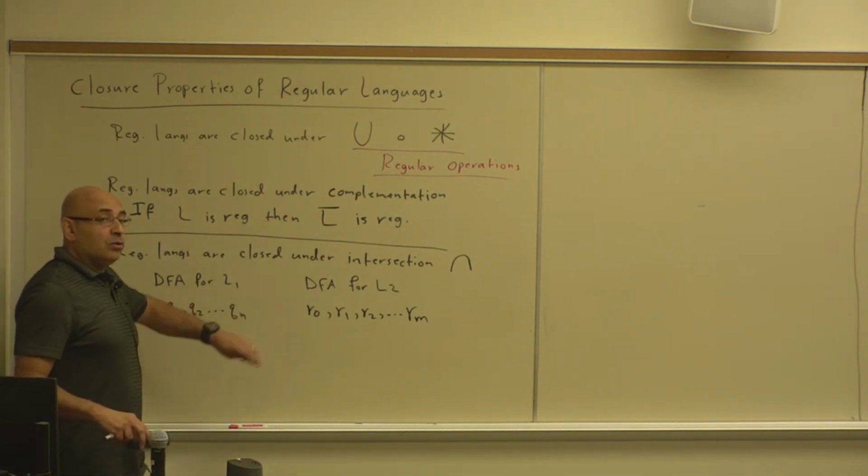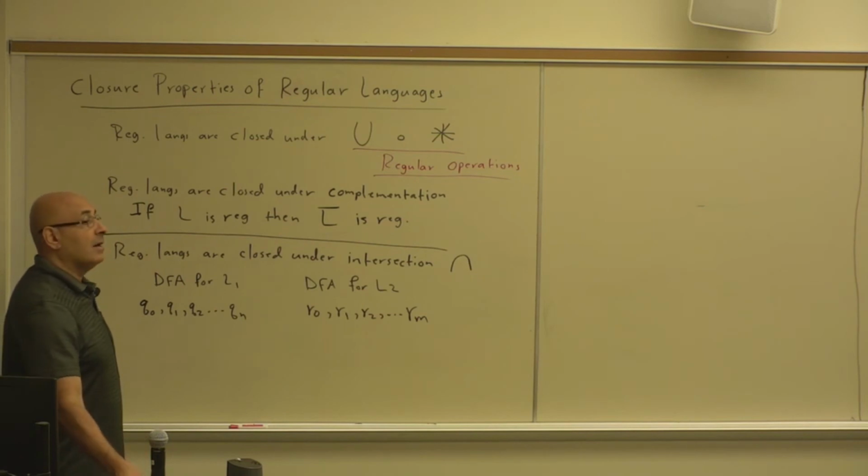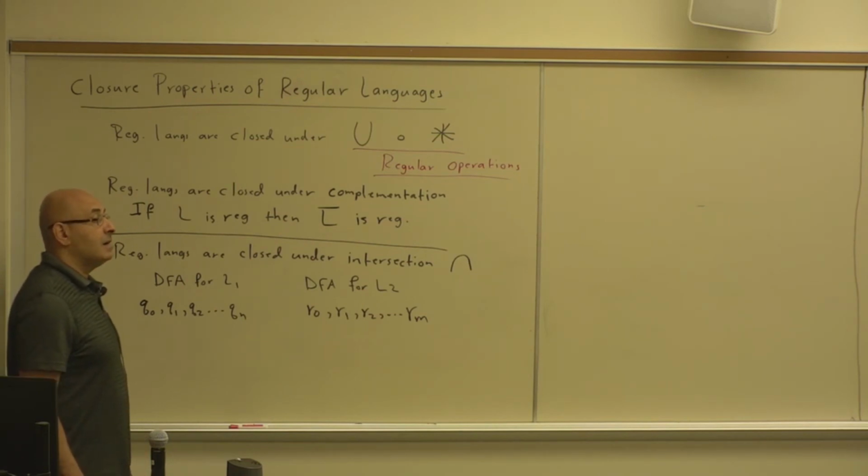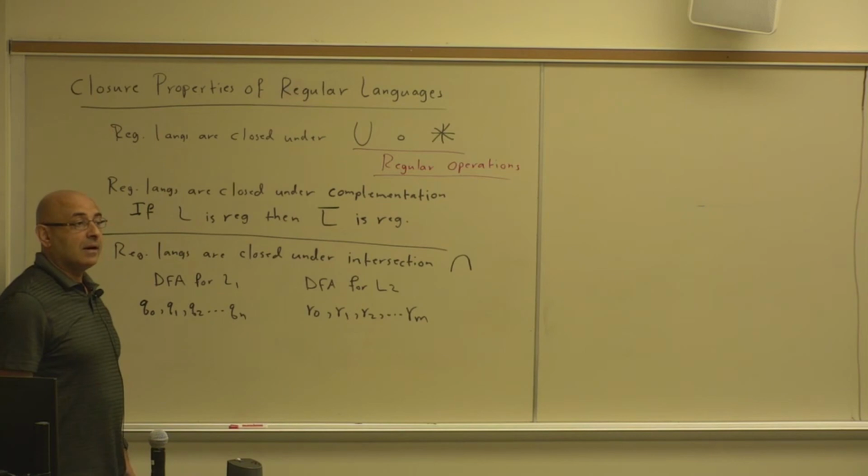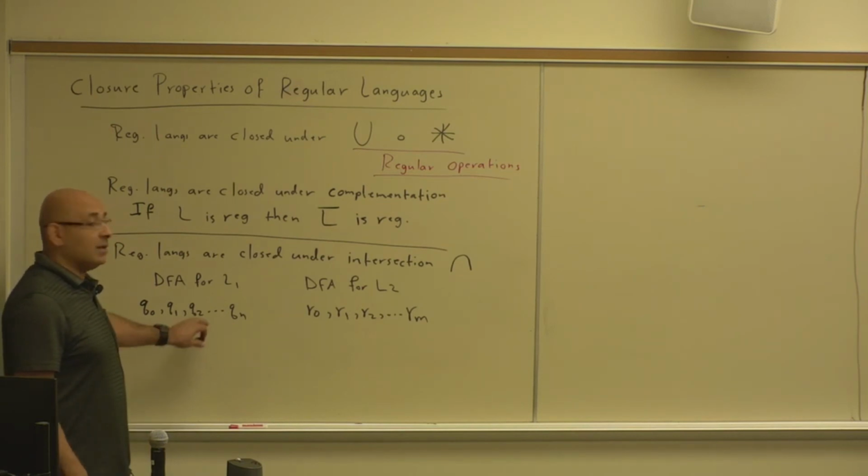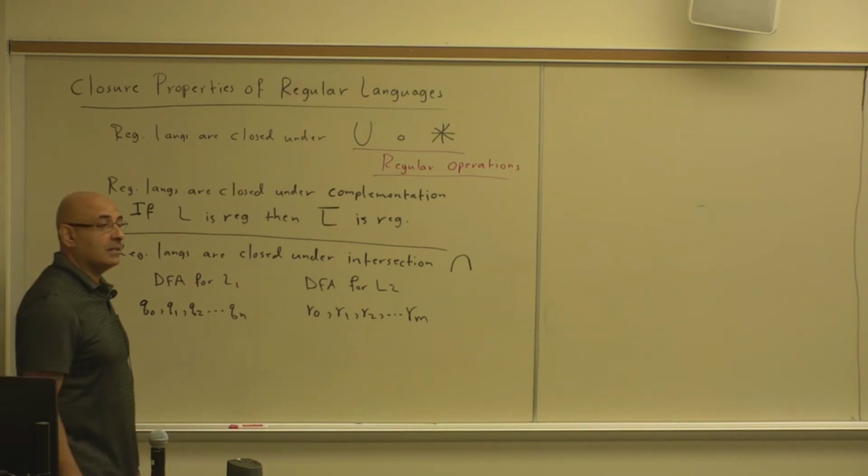How would you construct a DFA for the intersection, systematically?